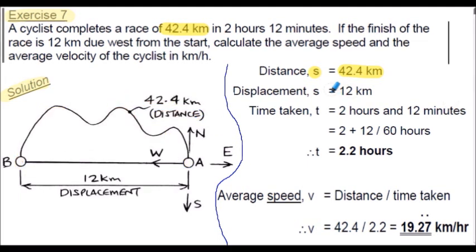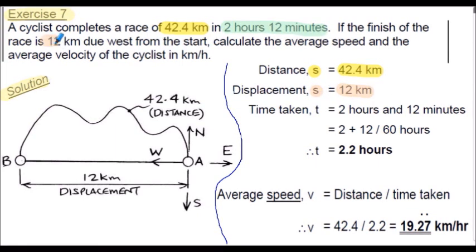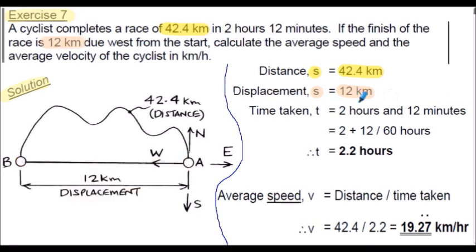And also the displacement, symbol S again, 12 kilometers due west. Displacement shown here from A to B, 12 kilometers displacement due west. Time taken was 2 hours and 12 minutes, stated in the question here. So we need to convert that to decimals, so that's 2 plus 12 divided by 60.